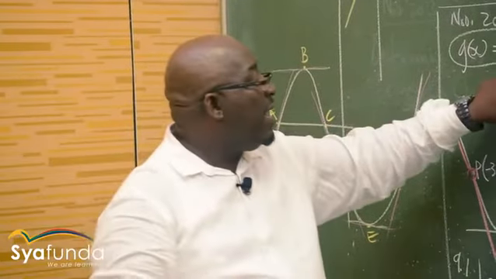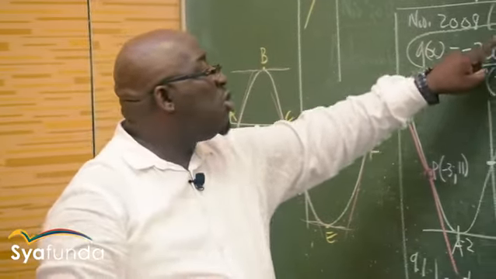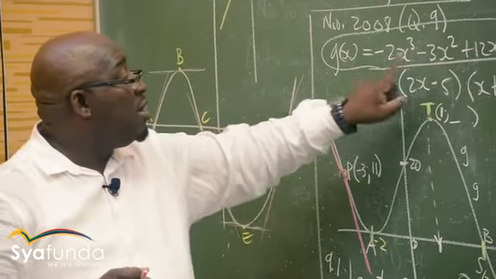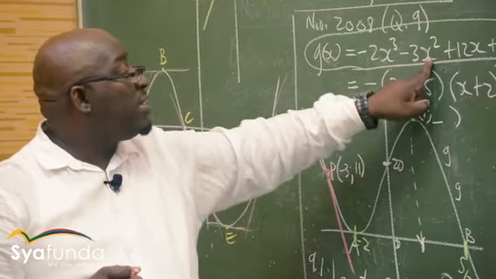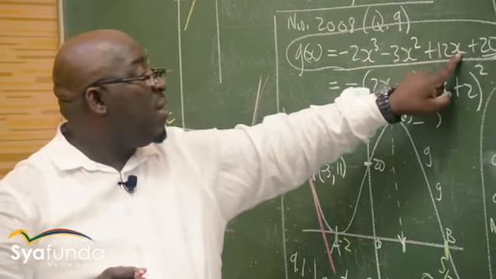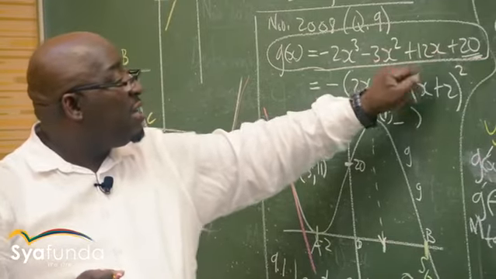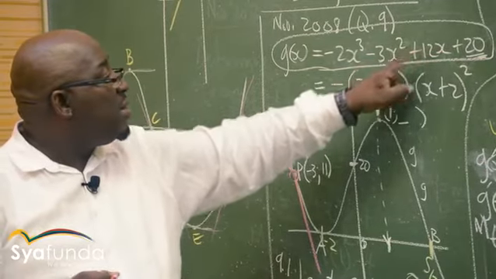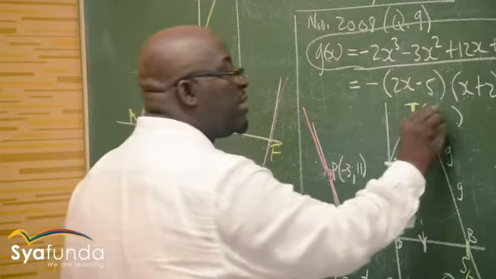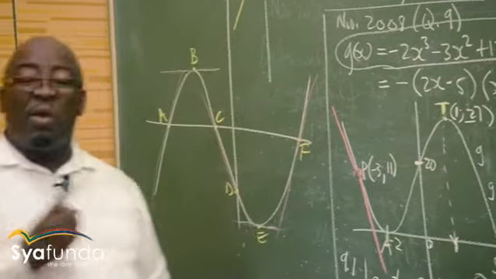So it's 1 cubed, which will be 1, times minus 2, it will be minus 2. 1 squared, which will be 1. This is minus 3 as well. Then 12 times 1. That should give us 7, and that one 27. So this will be 27. So the value of y there is 27.